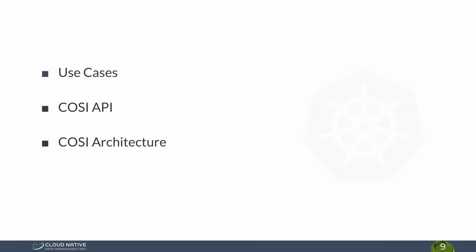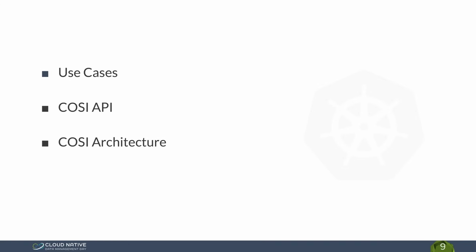Now, what I have here is the list of things that I wish to cover during today's presentation. To begin with, I want to explain the use cases that we wanted to solve using COSI and why they're important. Secondly, I will show you the API that COSI exposes as it is today.